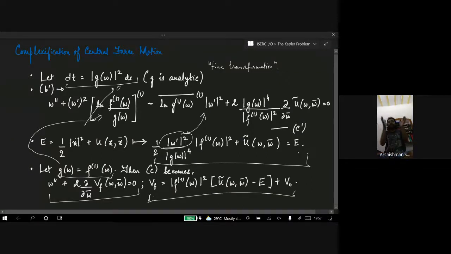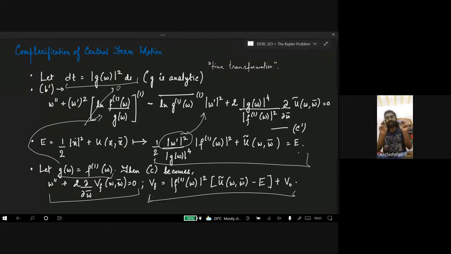But the crux of all of this is that if I start out with a central force motion, then I have a corresponding central force motion that occurs in a fictitious time.